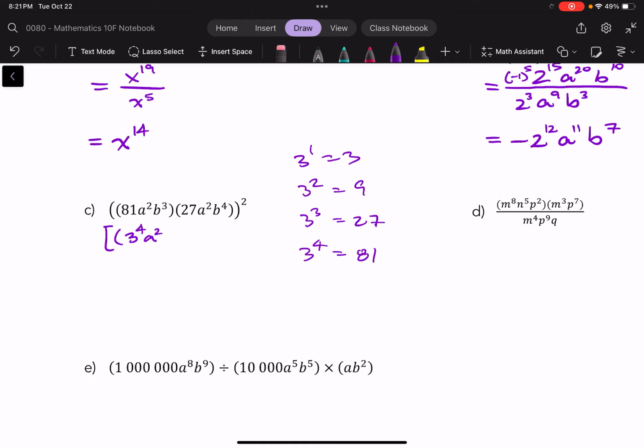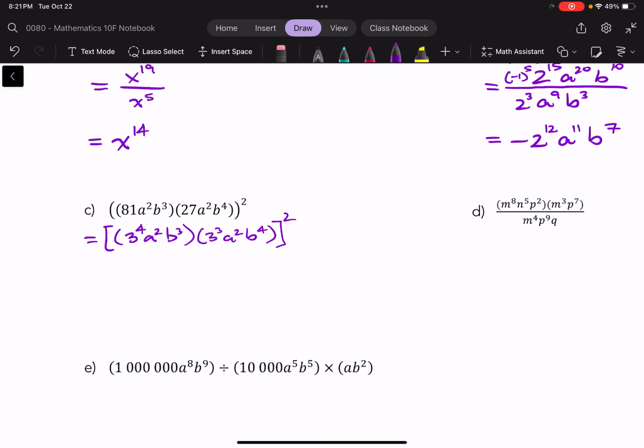And we've got a squared b cubed. And then 27 I've also got over here. So 27 is 3 cubed. And then we've also got the a squared b to the 4 there. Close off my mega square bracket. And there's still that exponent of 2 outside. So when we go line to line here, we should be able to see what matches with what.